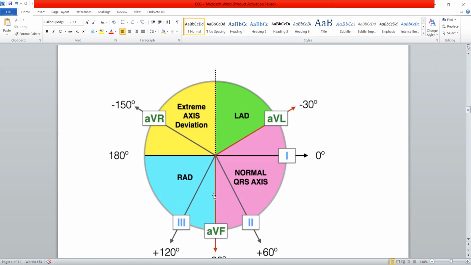It means the current is flowing away from AVF, in this direction, in an upward direction, right? And the QRS complex is positive in lead 1, so it is flowing towards lead 1. So now the axis is somewhere between here and here, which is what? So the axis is deviated towards the left. Yes.